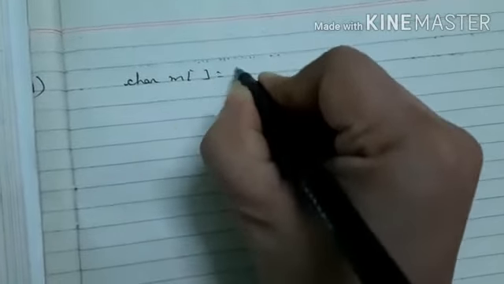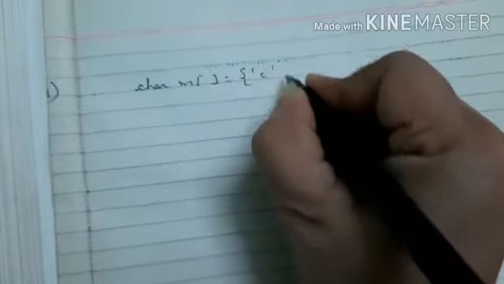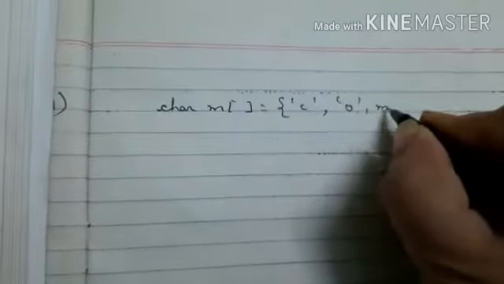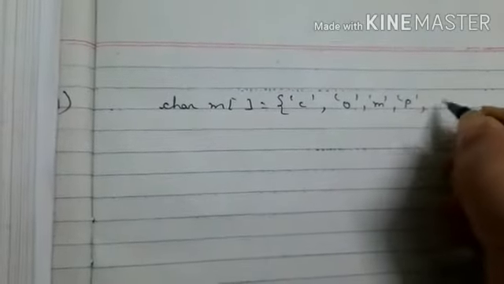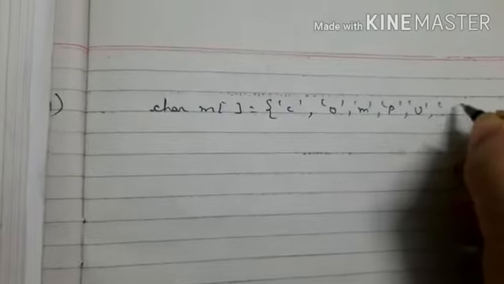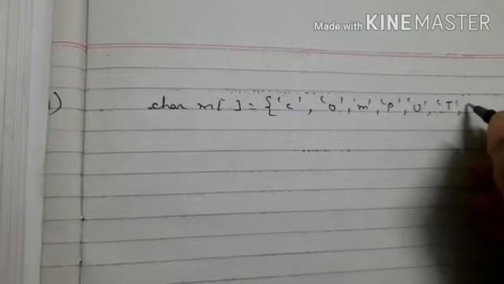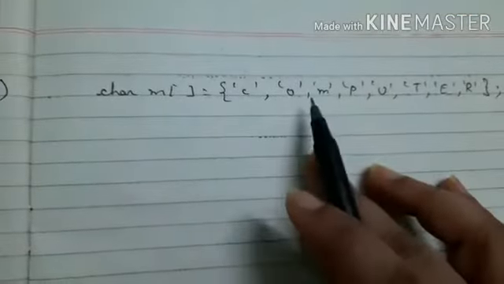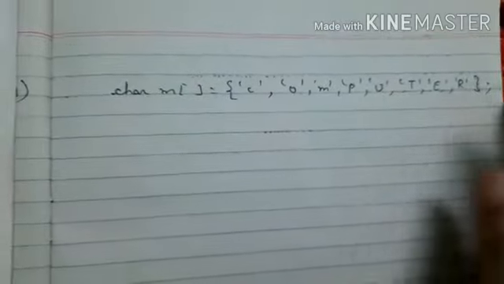To assign characters, like a character array m, here I am assigning C, O, M, P, U, T, E, R. While you are assigning a character variable, each of the characters should be in single quotes. The rest is the same as the previous program, and the output will be in a similar manner.